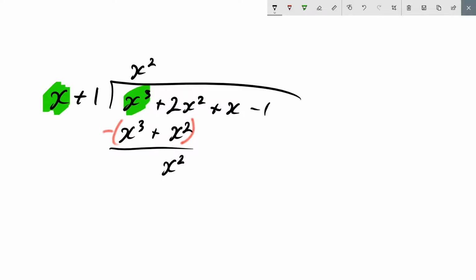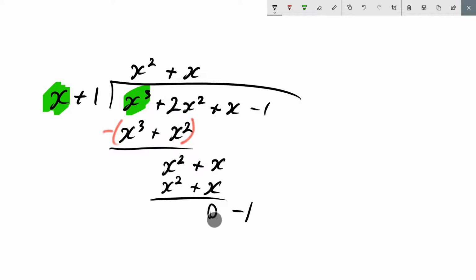Now just like before, I will bring the next term down, plus x, and I will repeat the same process. So now I need to times by x, so I add x at the top times by x squared plus x, and they cancel out nicely. So I will write 0 at the end here and bring down the term minus 1.